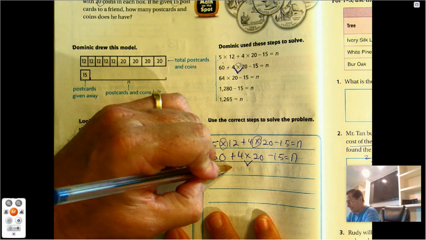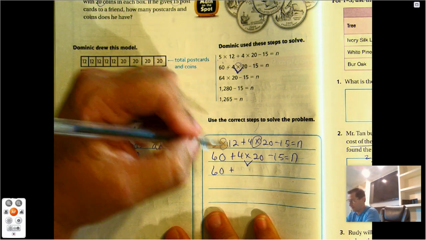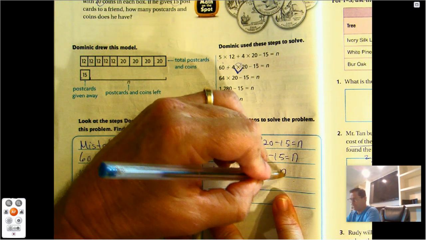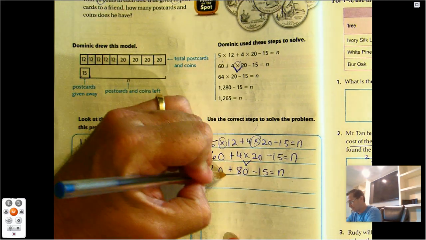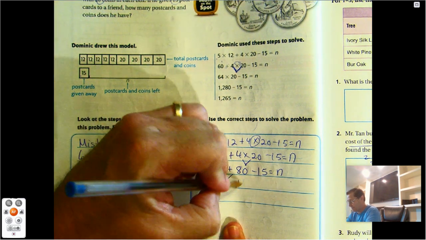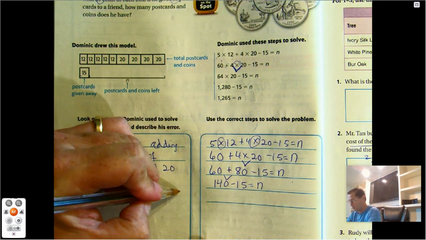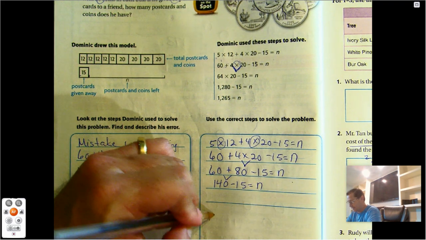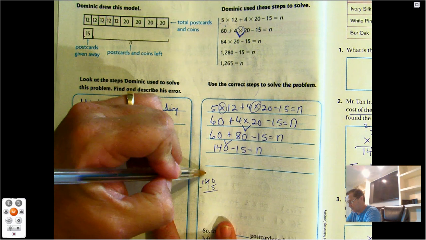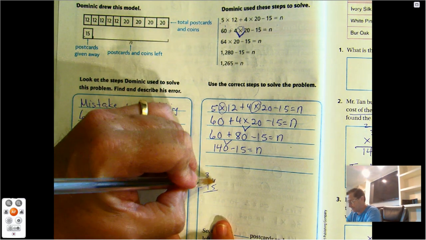And then minus 15. Then you can combine the 60 and 80 and get 140 minus 15. 140, take away 15. I can't take 5 from nothing, so I'll regroup that as 3 tens and 10 ones. 10 take away 5 is 5. 3 tens take away 1 ten is 2 tens and 1.